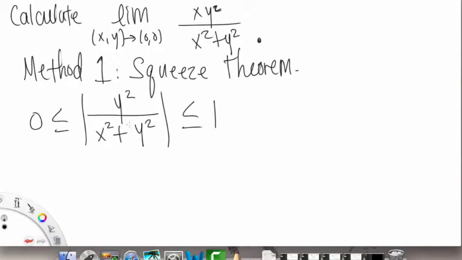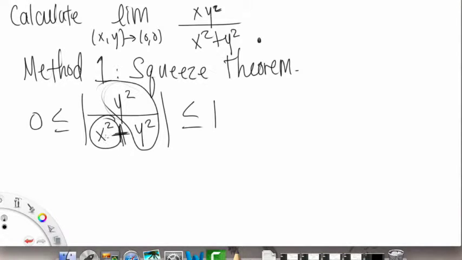But it could also equal 1 if x equals 0 and y is something else. And it could be anything in between, because without the x, this value would just equal 1 regardless of what y is. But now that we add this x squared in here, the bottom could be larger than the top, so we get some kind of fraction between 0 and 1.